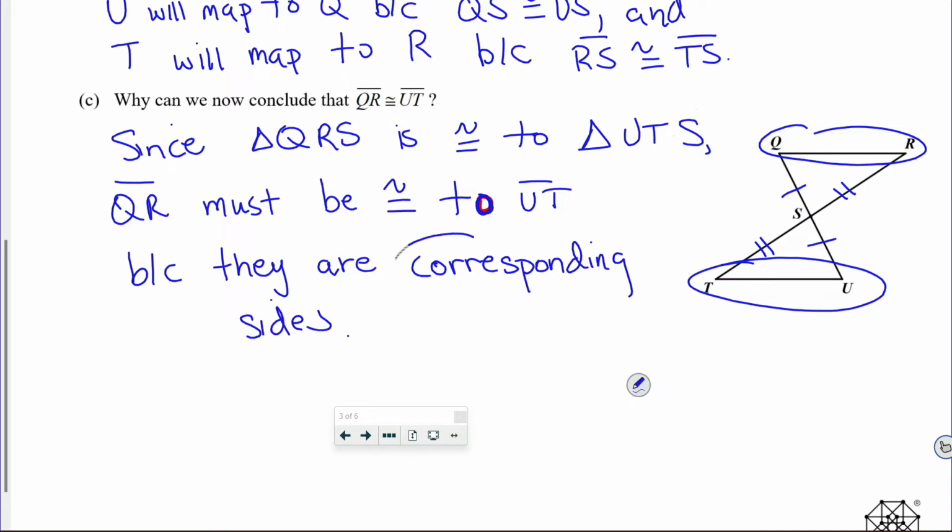Now, we're going to use this word a lot in future lessons, and I've already used it quite a bit.